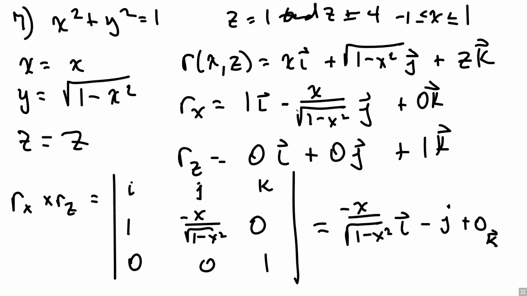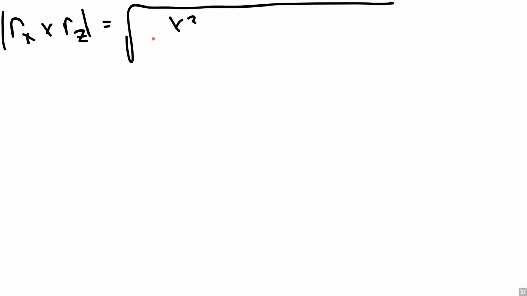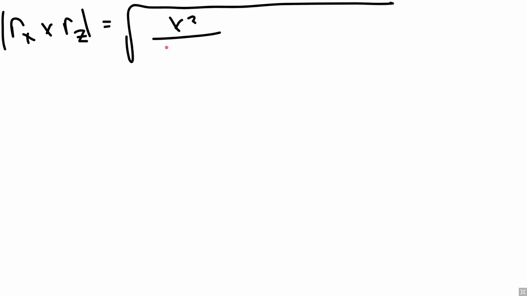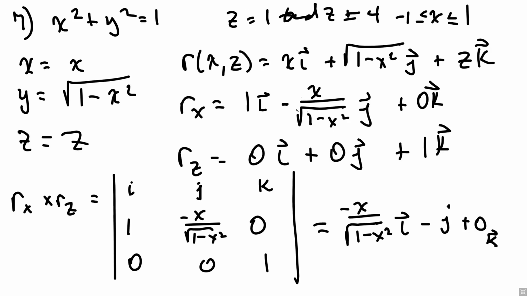Okay, so next I'm going to look at the magnitude. So I'm going to have the square root of x squared over 1 minus x squared, plus 1. Let me make sure that's right.